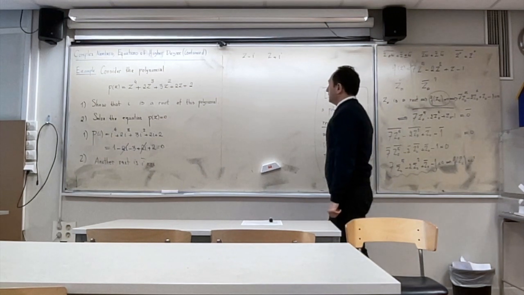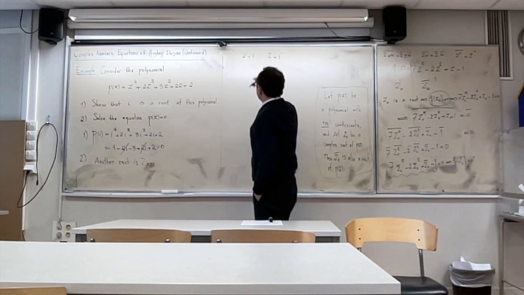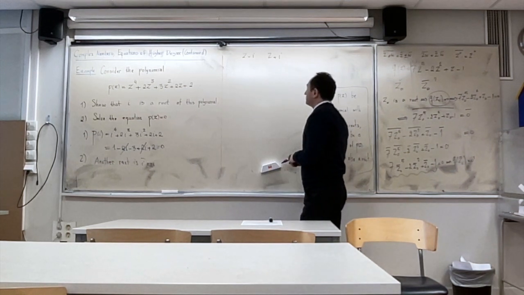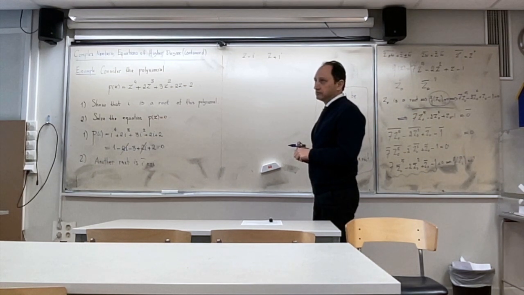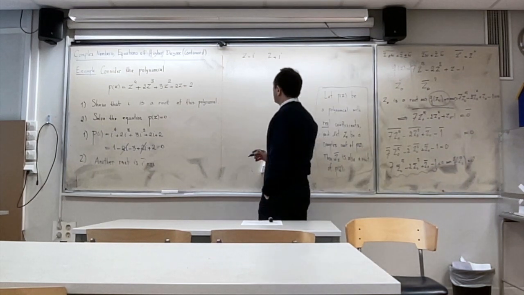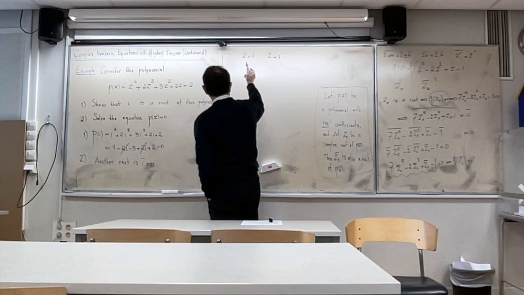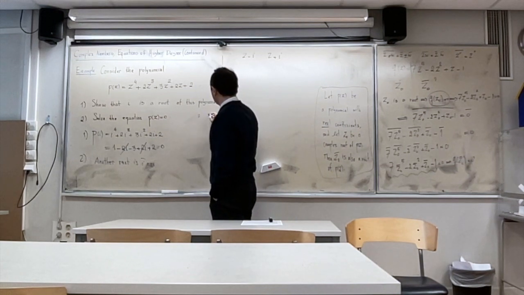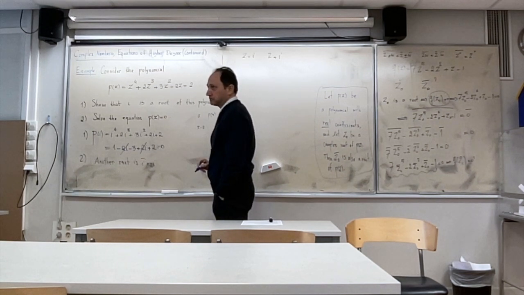And now, because these polynomials are relatively prime... Wait, so you're saying that... We are saying that if a is a root of my polynomial, what can I conclude? I can conclude x minus a is a factor. Yes.